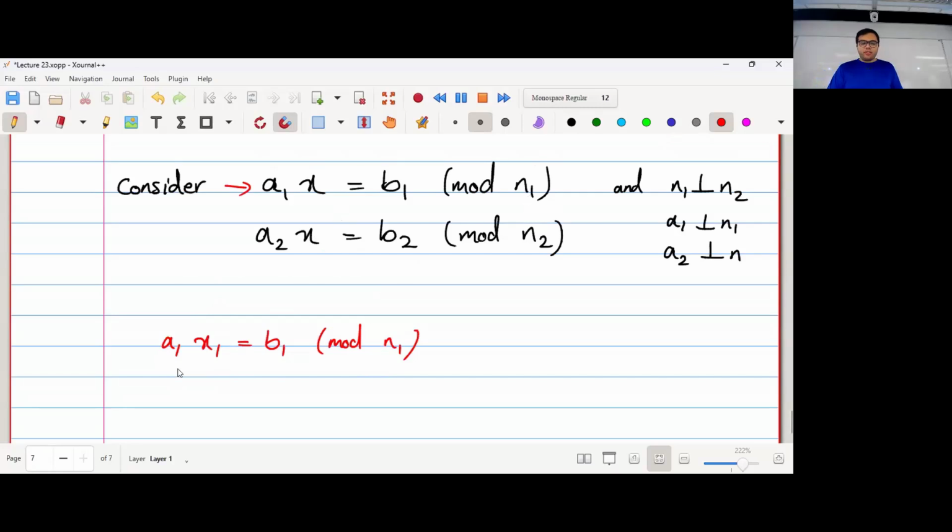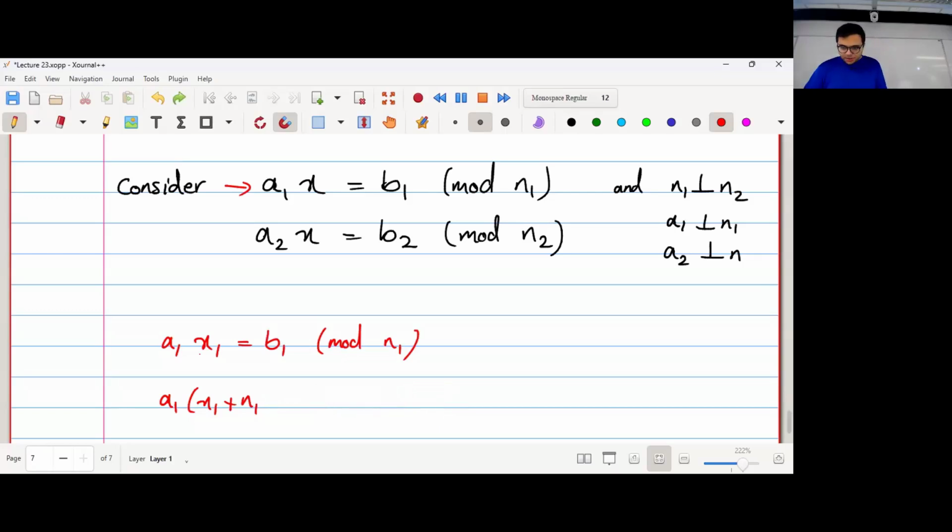So what happens if I add n1 to x1, for example? What is a1 times (x1 plus n1)? That's also a solution, right? So this is also b1. Right? So if I have a solution for my first equality, I can just keep adding n1 to my solution, and that gives me other solutions for the first equality.